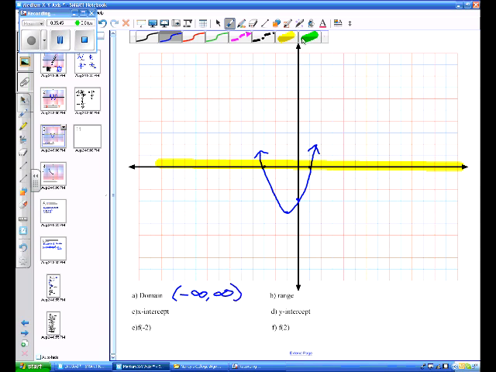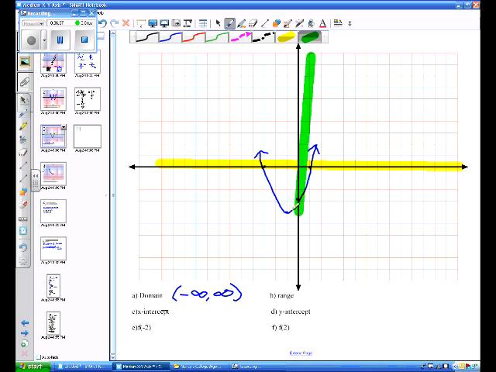Now for our range, we want to know what portions of the y-axis are being used. You can see down here, this part of the y-axis, none of our graph covers it. Our y starts right here, and then it covers all of our points as we go up.